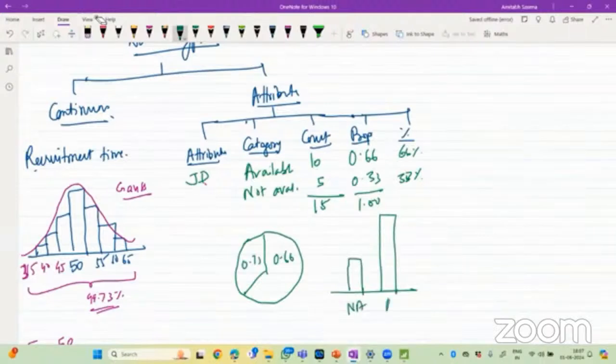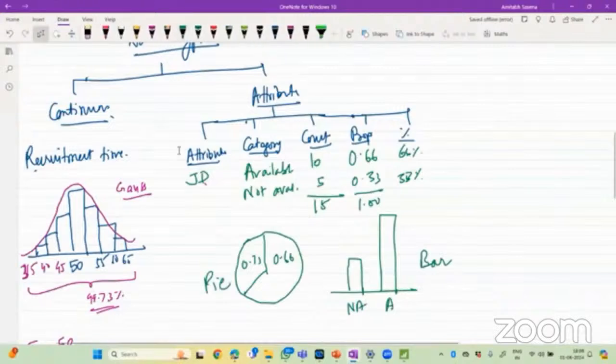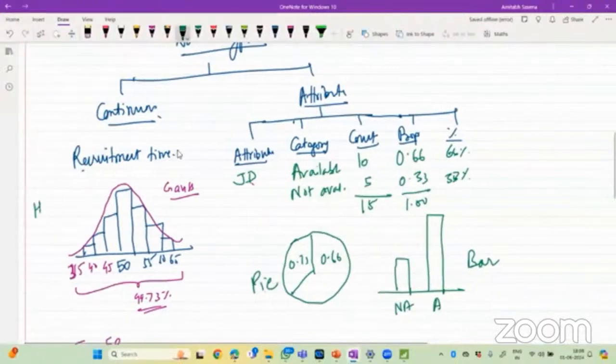Not available, available. So bar chart for attribute data, pie chart for attribute data, and histogram for continuous data. Now this is for display statistic, displaying, descriptive.